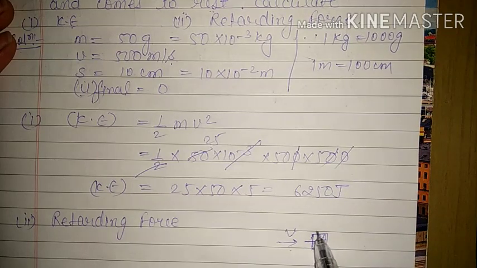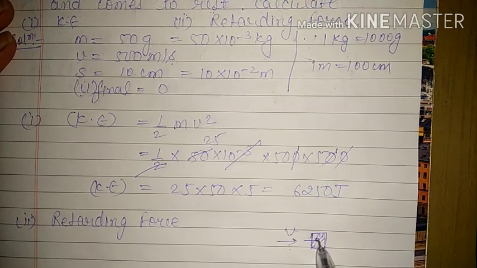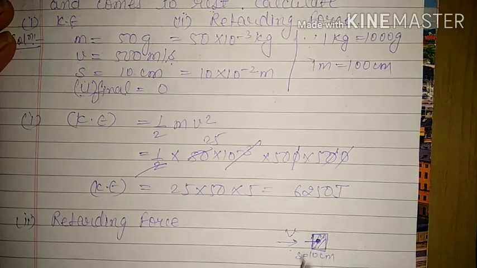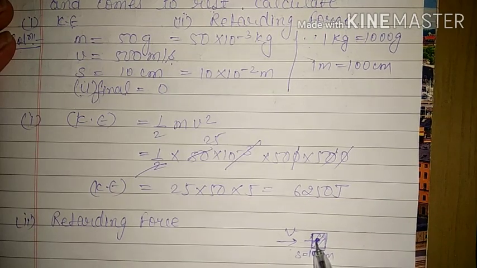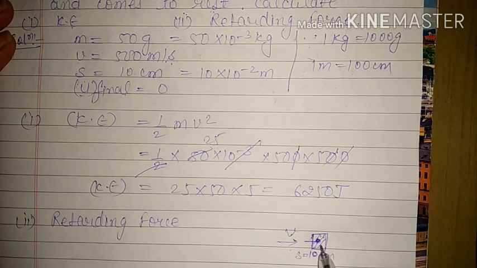Finally it will come to rest after 10 centimeter. S is equal to 10 centimeter. That means after starting penetrating the object, after 10 centimeter of penetration, it will stop. The velocity is decreasing and finally it is coming to rest.